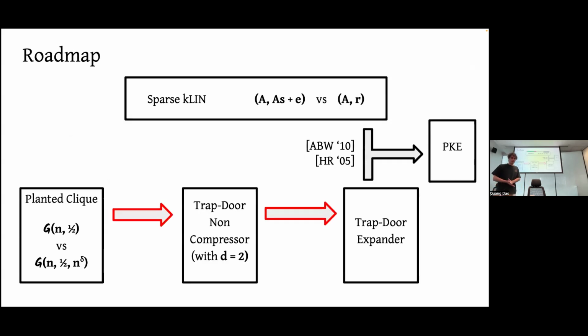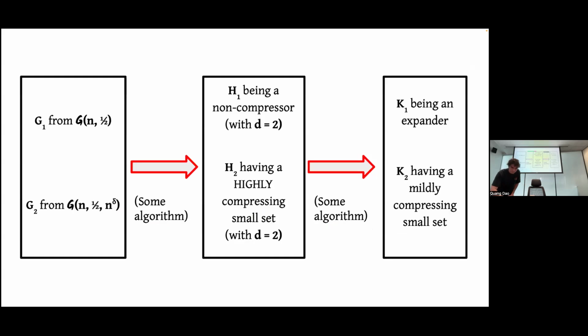Coming back to our roadmap, the only thing left is to describe how we go from planted clique to this intermediate object, and then to trapdoor expanders. Looking at this in a little bit more detail, we want one algorithm starting from the left side on this diagram, such that if we sample a graph from the unplanted G(n, 1/2) distribution, when we put it through the algorithm, we should end up with another graph H, which is a non-compressor with right degree 2.